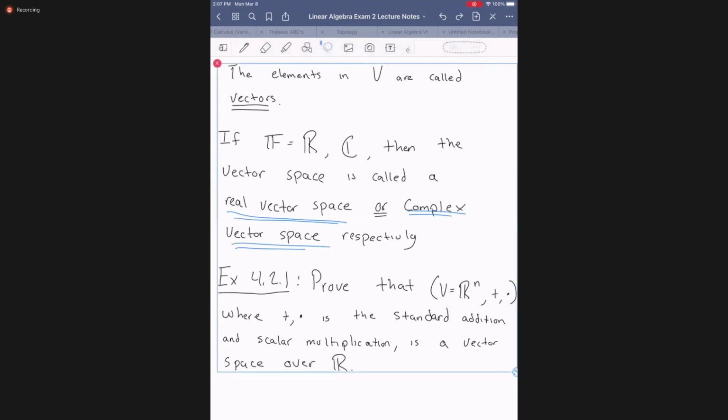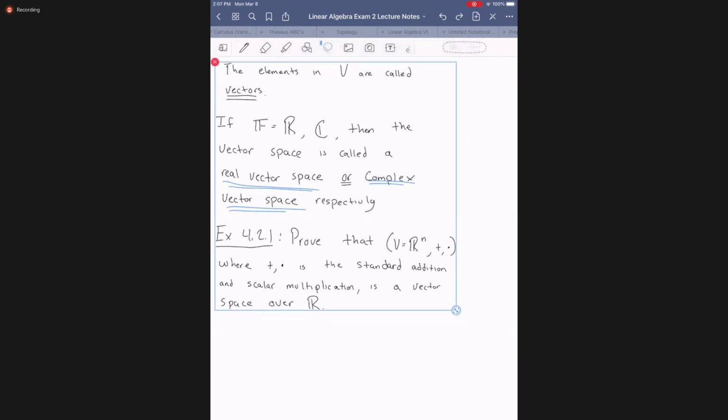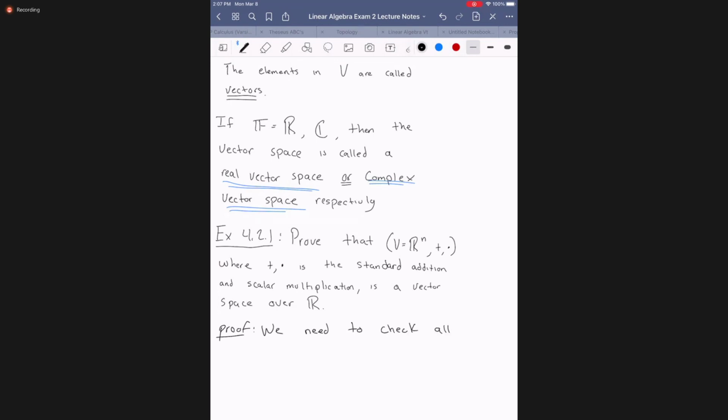So the solution, or better yet, the proof. We need to check all 10 axioms for a vector space.